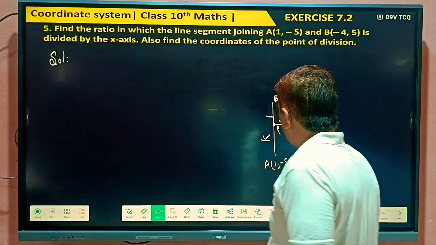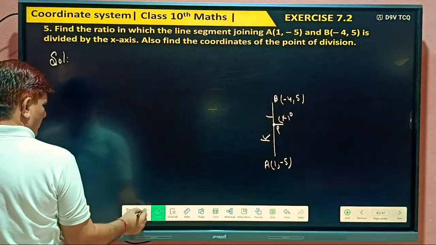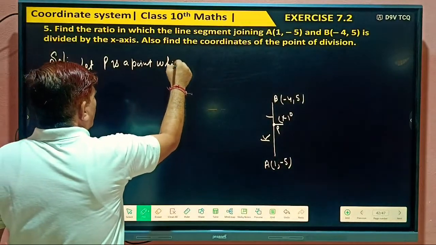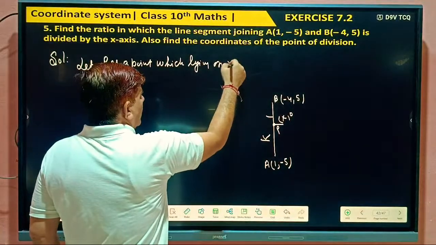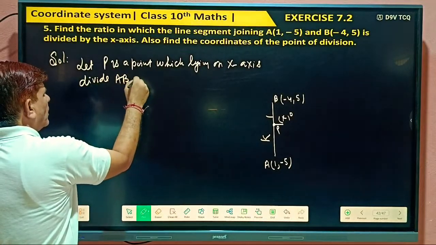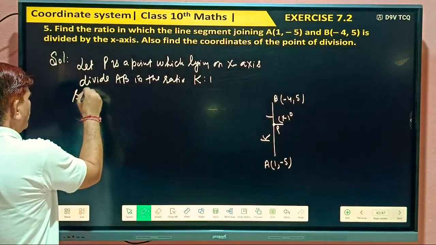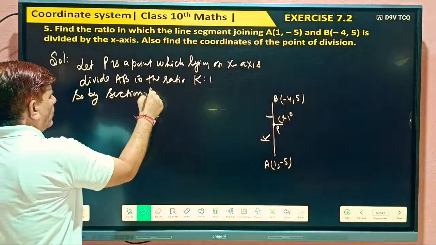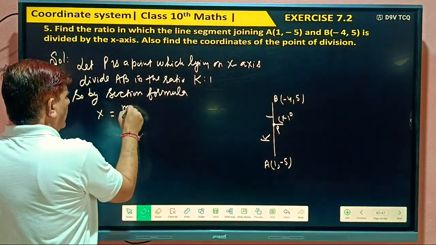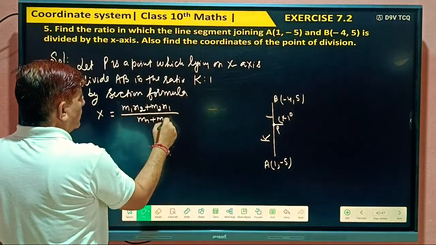K:1. So again what we can apply? Let P be a point lying on the x-axis dividing AB in the ratio k:1. So by section formula, x equal to (m1 x2 plus m2 x1) divided by (m1 plus m2).